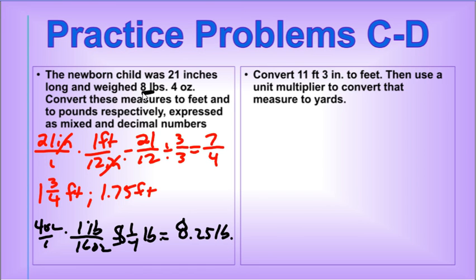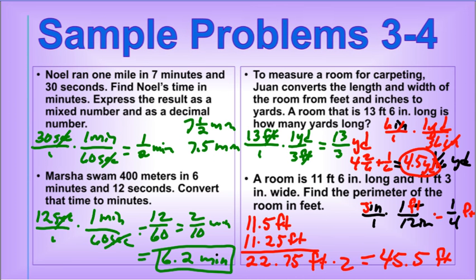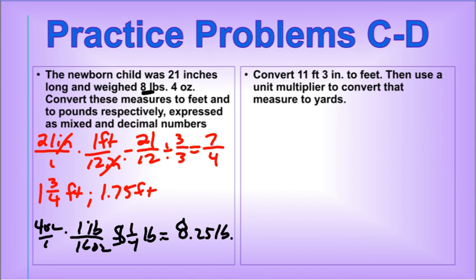The last one, convert 11 feet 3 inches to feet, and then use a unit multiplier to convert that measure to yards. So we did this one in our previous slide. If you look at that previous slide, 11 feet 3 inches, we had that as 11.25, so I'm going to write that down. 11.25 feet.